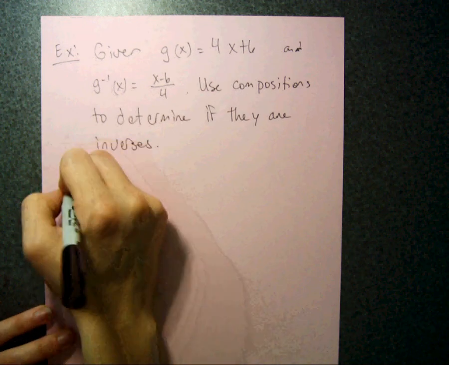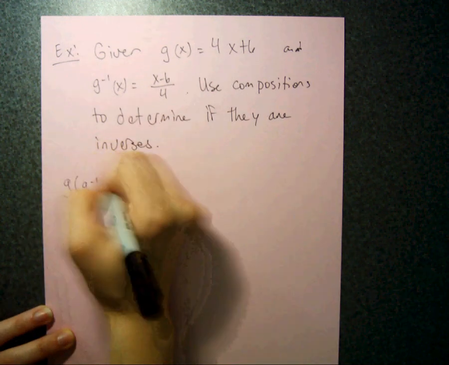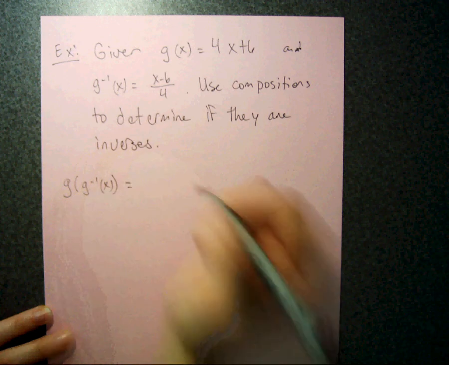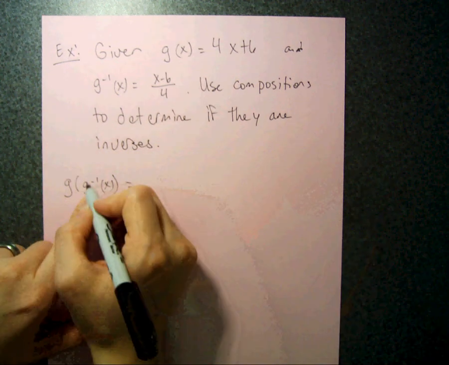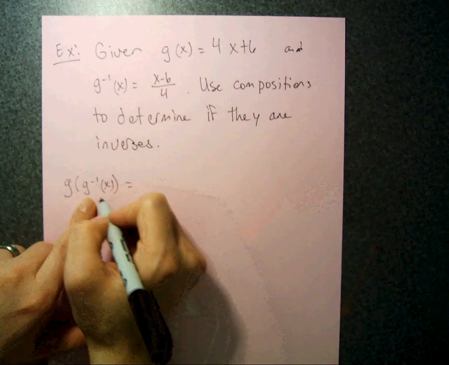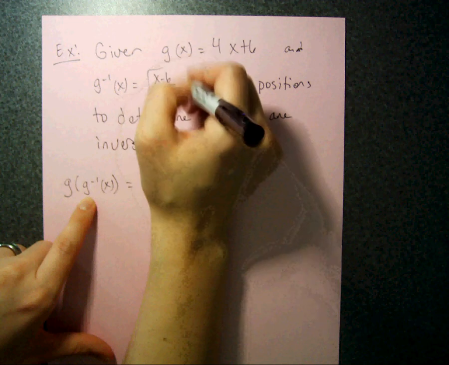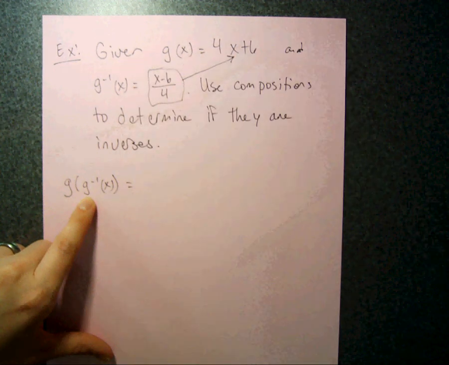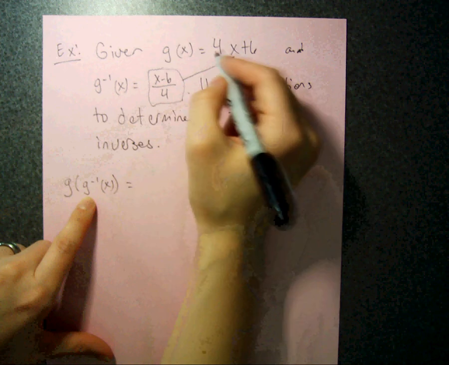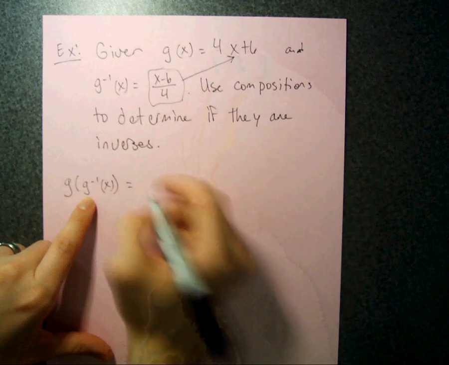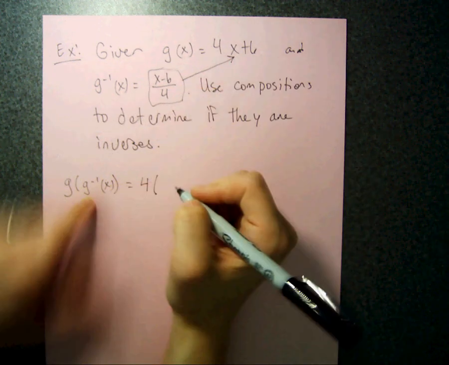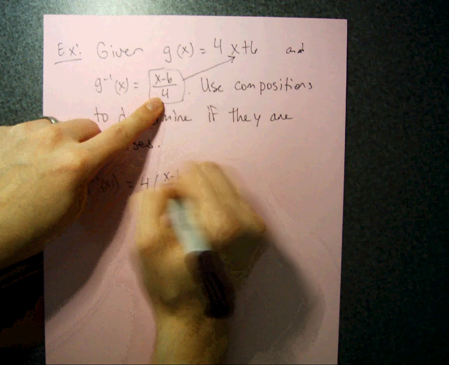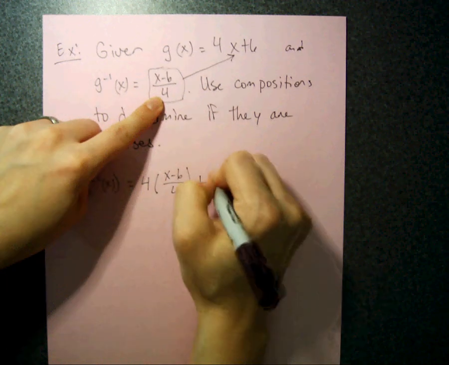So first, I'm going to take g and I'll plug in g inverse of x. Remember what that means. I'm going to take g inverse on the inside. So I'm going to take g inverse and plug it in for the x on g. So g says 4 times x plus 6. So I'm going to have 4 times g inverse, x minus 6 over 4, plus 6. Right?